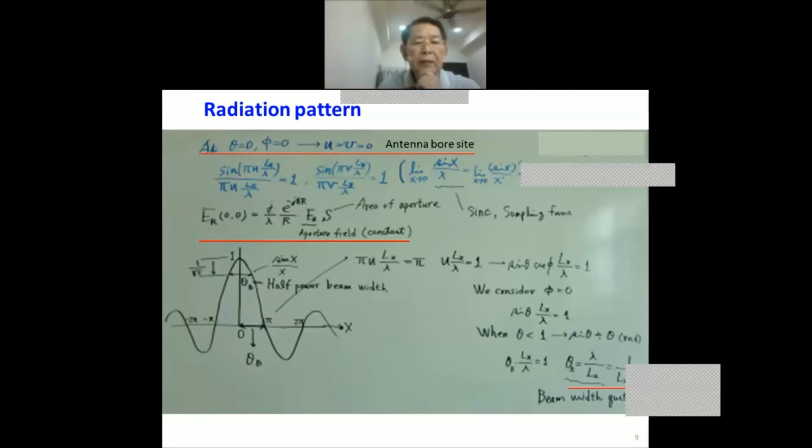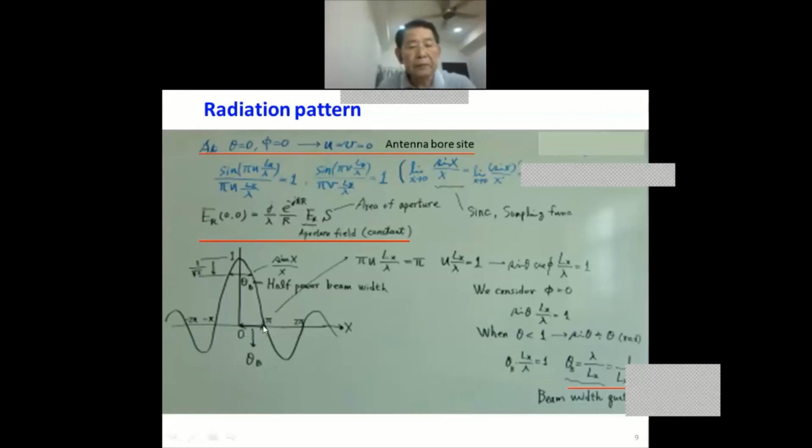The point where the power becomes half is called the half power beam width. So this is a very special, important value for antenna characteristics, the half power beam width. This is the beam width, where the power becomes half.